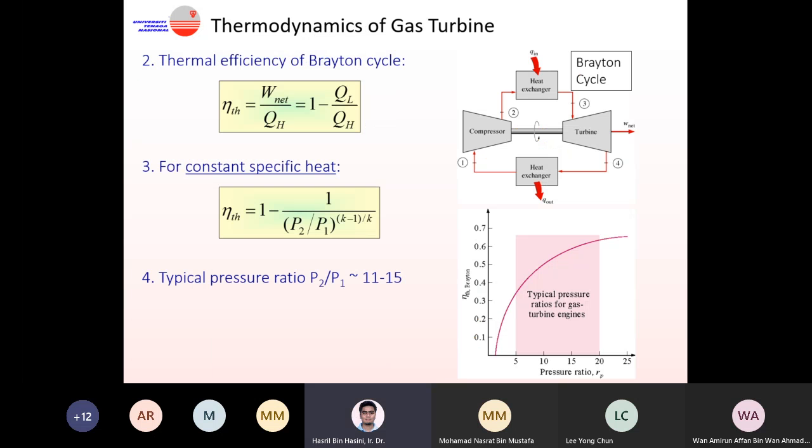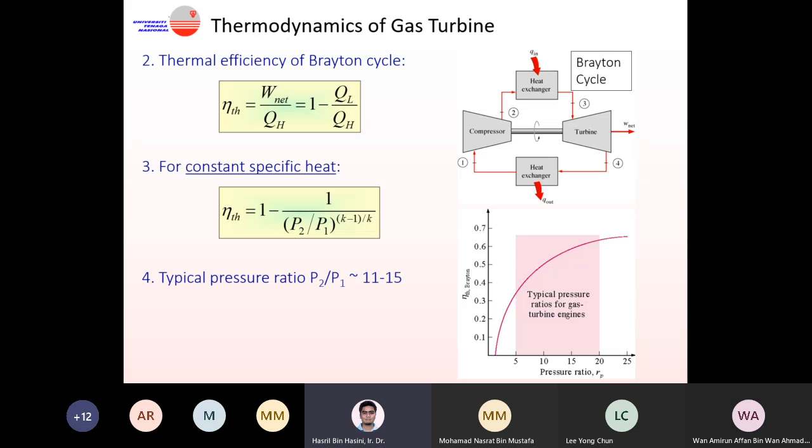If you look at the relationship here, even though we increase our compression ratio to a high number, let's say from 20 to 25, you can see that there is not much increase in the efficiency. But the effort for us to get the compression ratio high, I mean the work consumed by the compressor, is very much higher.